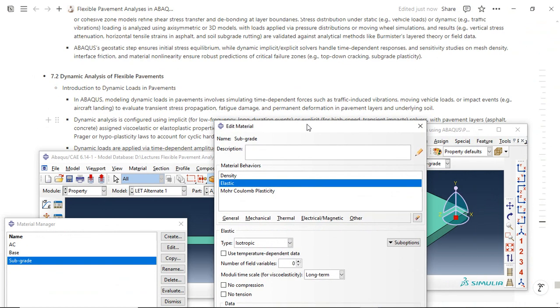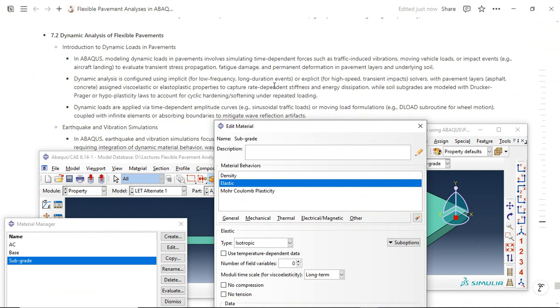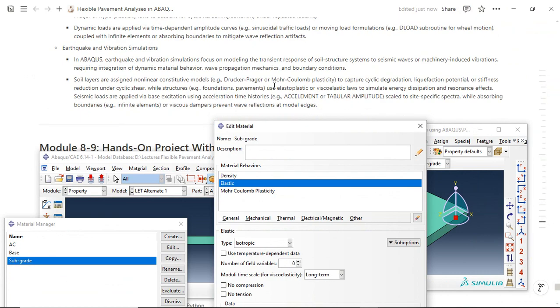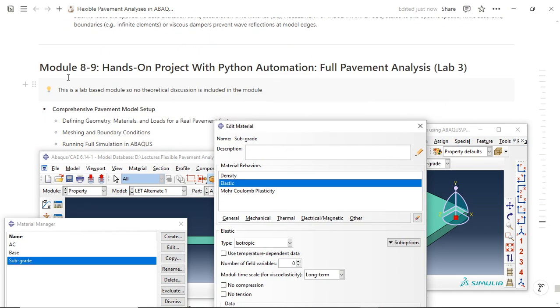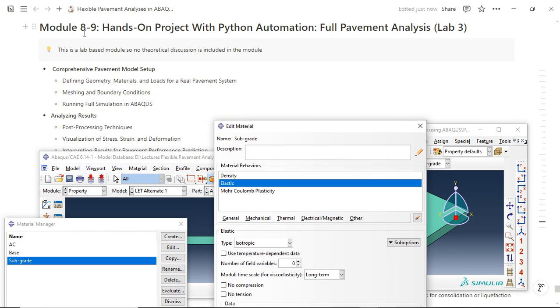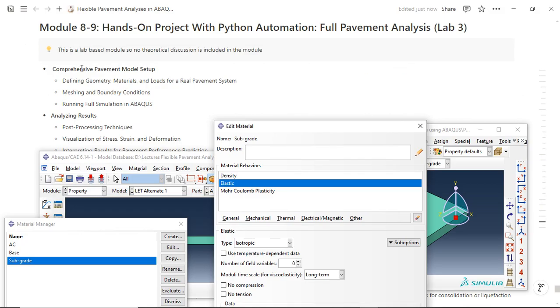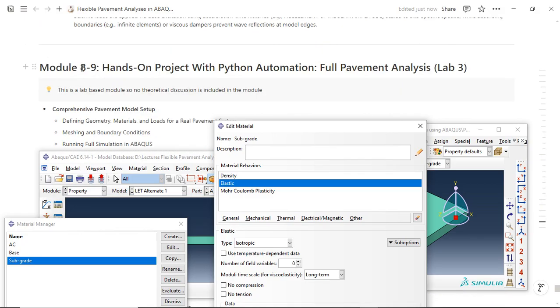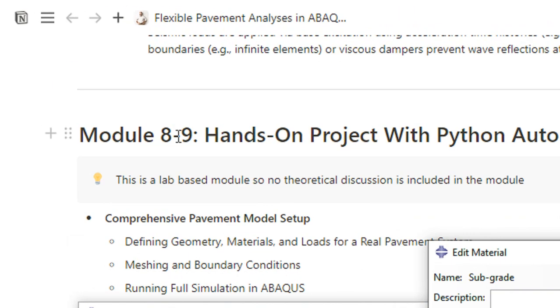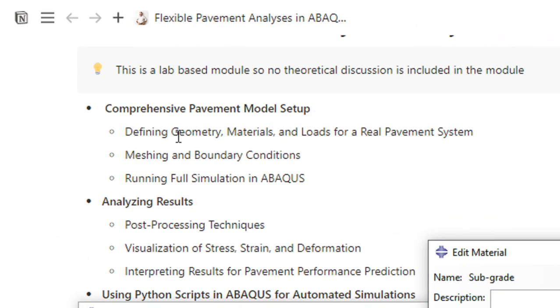That will include the vibration, moving loads, or impact events, and all those steps, and also earthquake and vibration simulation. I'm going to cover that in module 8-9, right? I think I should rename them. I will rename them here.